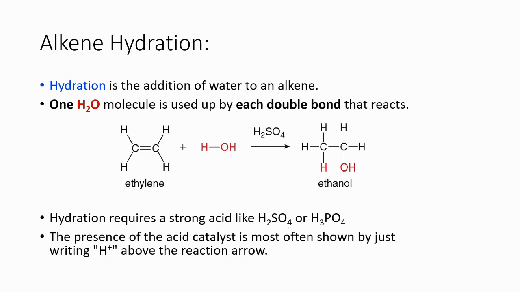We have our double bond, we have water, and for this reaction to go, we also need an acid catalyst. This is called an acid catalyzed reaction. Usually you're going to see H plus above the arrow, or you could see sulfuric acid or phosphoric acid.